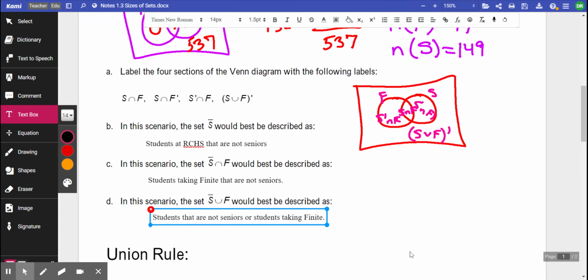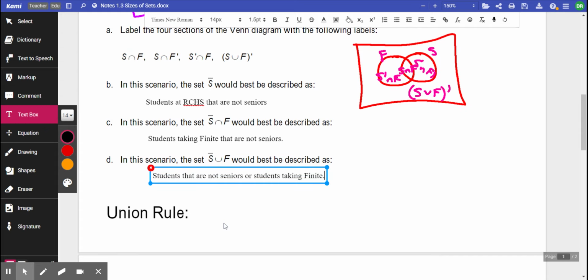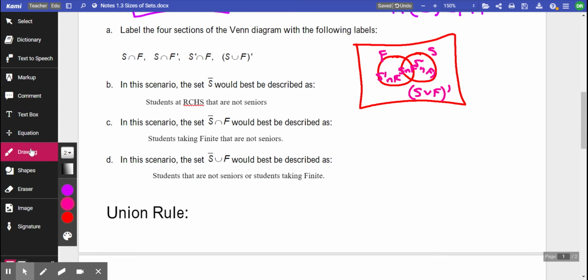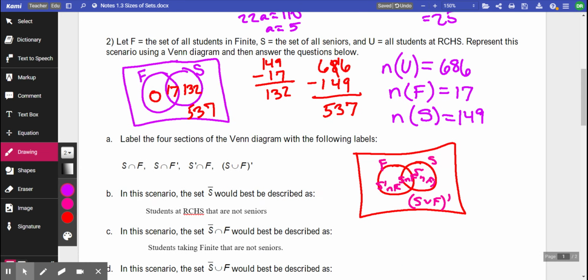All right. The union rule. Well, we'll look at it a little bit today. We'll look at it more next time. The union rule is saying, so here's union. The number of elements that you have in set A or B is equal to, let's go back up and look at our example here.